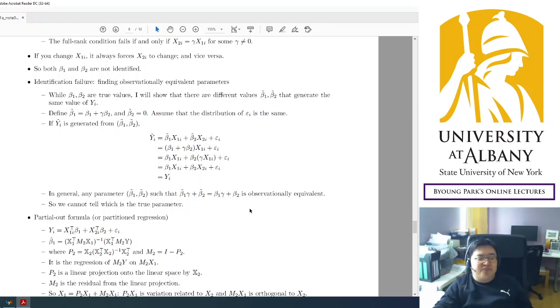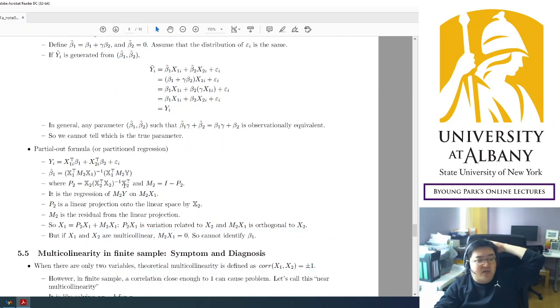As a result, we cannot uniquely determine one parameter value. So that's how we show that identification is not possible. Do you get it? I hope it makes sense.